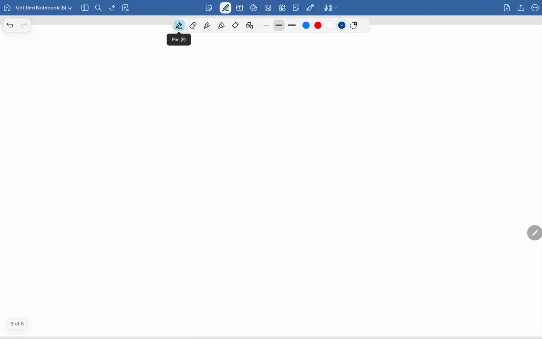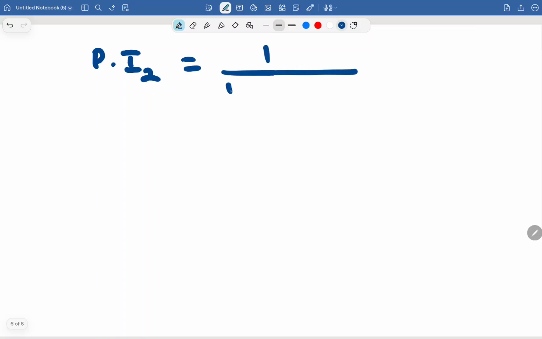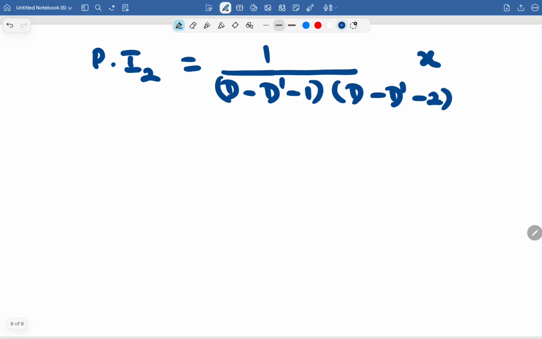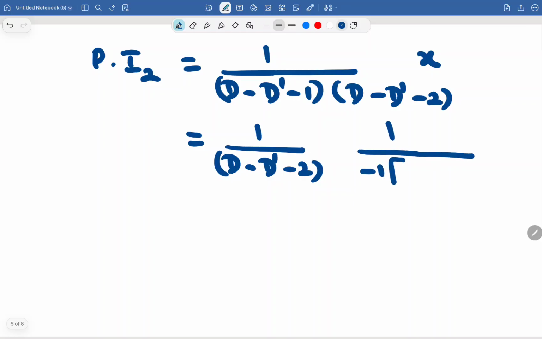Now PI2. What is PI2? 1/((D − D' − 1)(D − D' − 2)) of x.